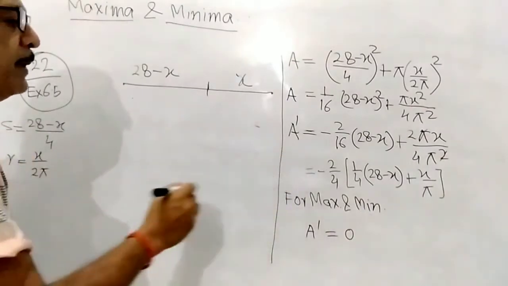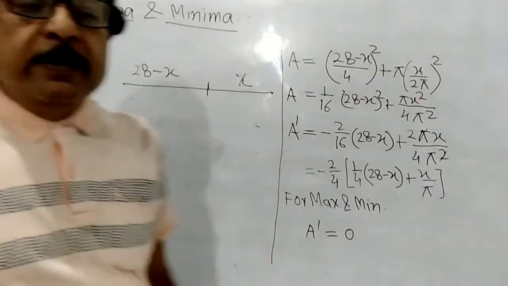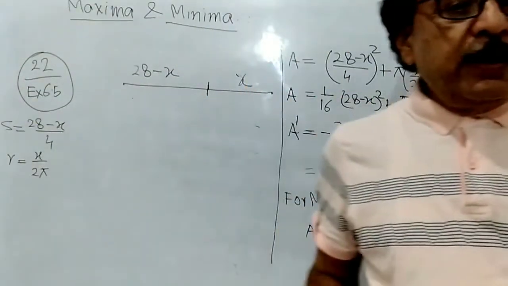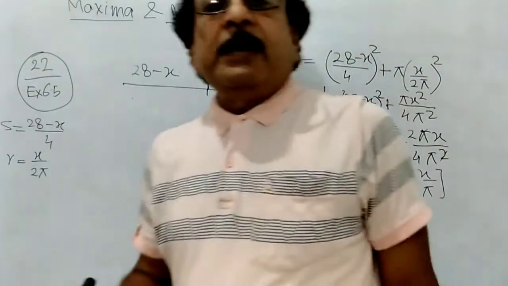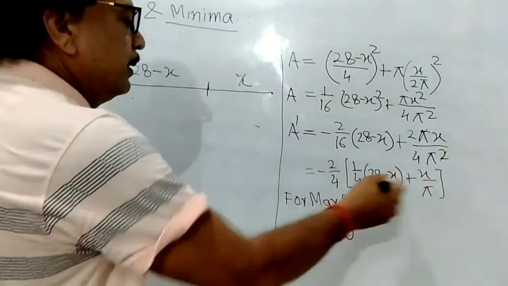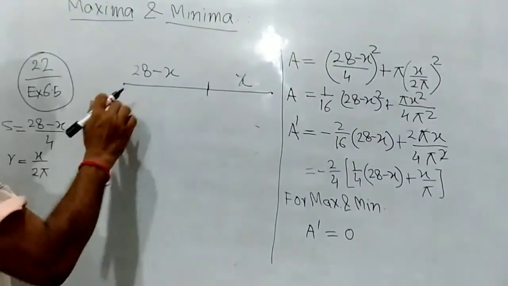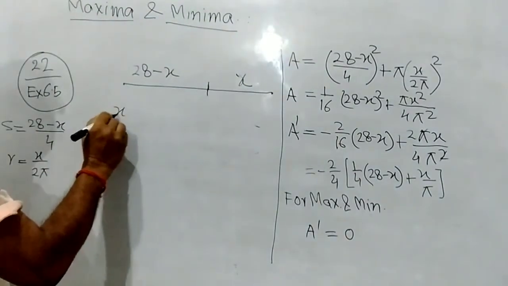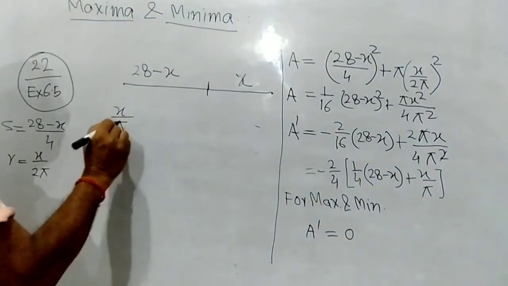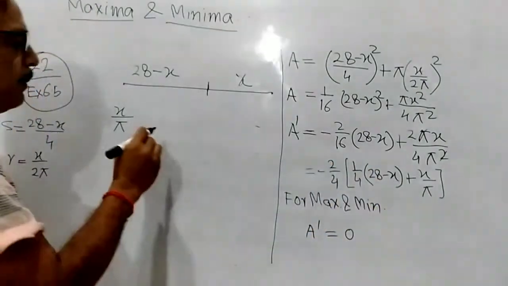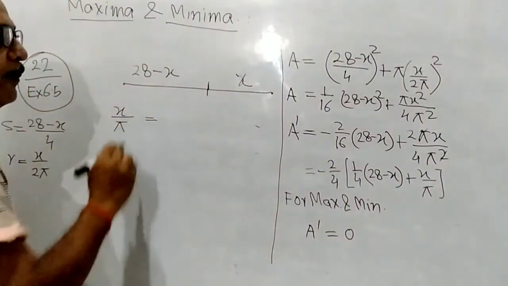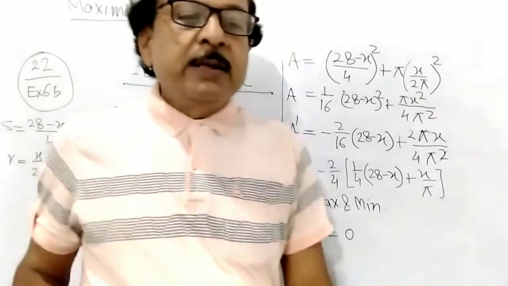Therefore, from this we can write x/pi. From this x/pi equal to 28 minus x.